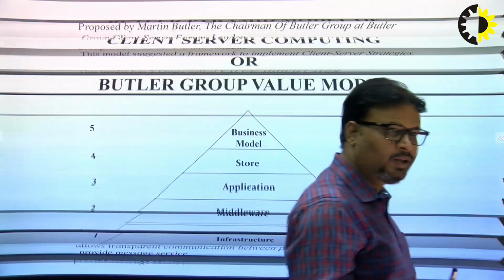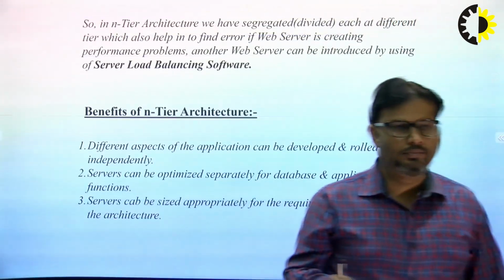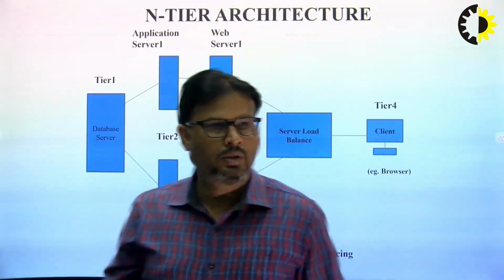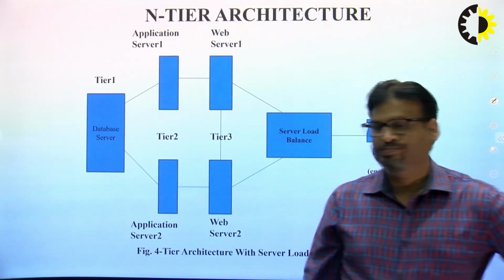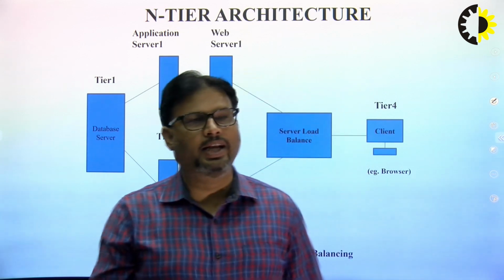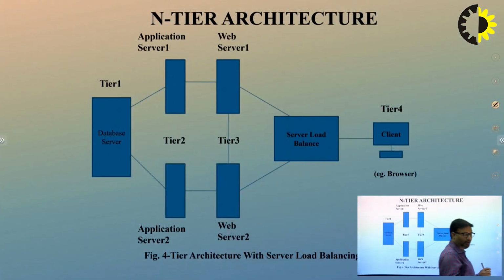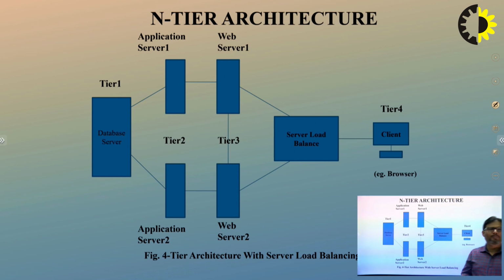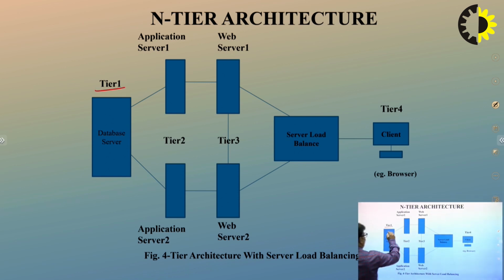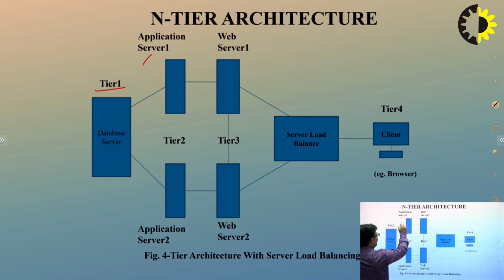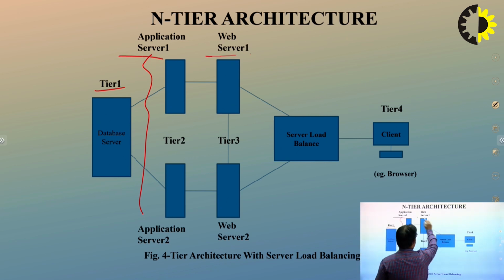Okay. So here, this is the n-tier architecture. Here we will use multiple types of tiers. Tier 1 is the database server. Second, there is the application server, server 1, and the web server application.